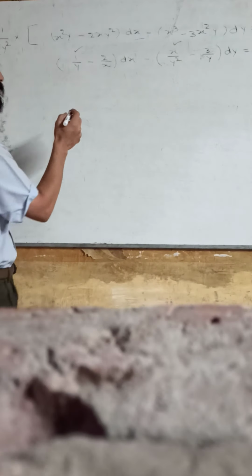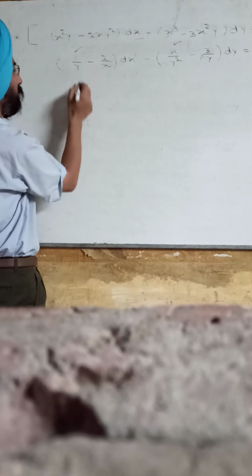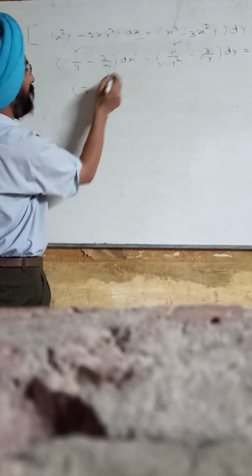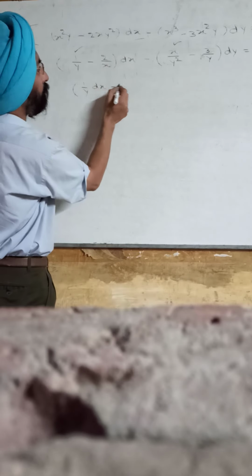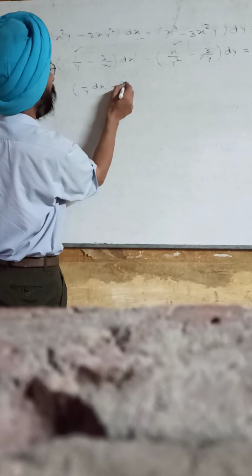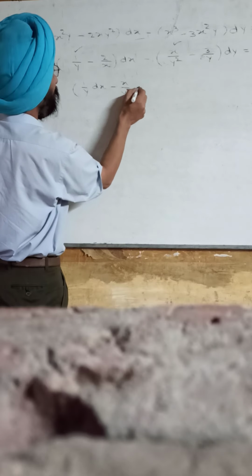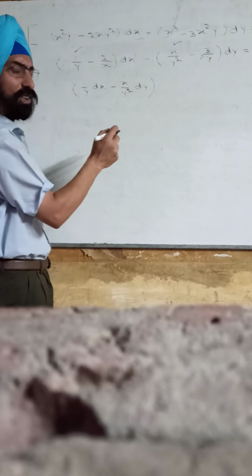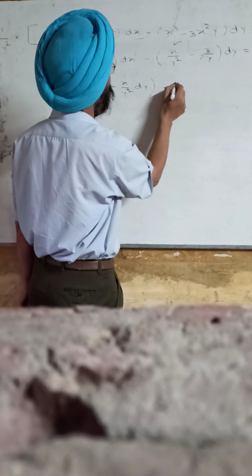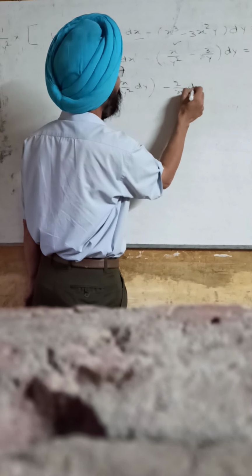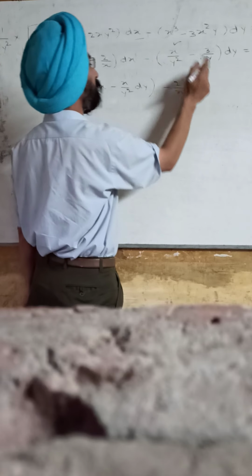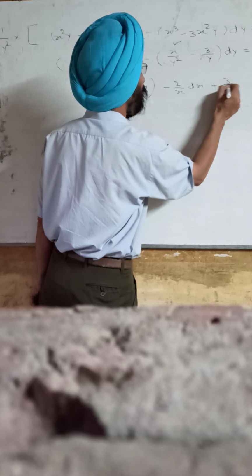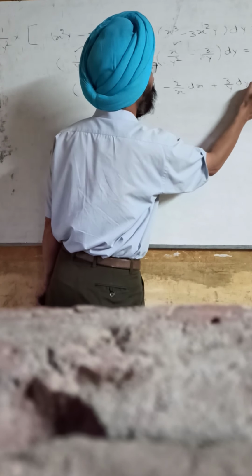Collect these two terms in one bracket: 1 upon y dx minus x upon y square dy, and the rest of the terms are minus 2 upon x dx, and minus multiplied by minus is plus, 3 upon y dy is equal to 0.